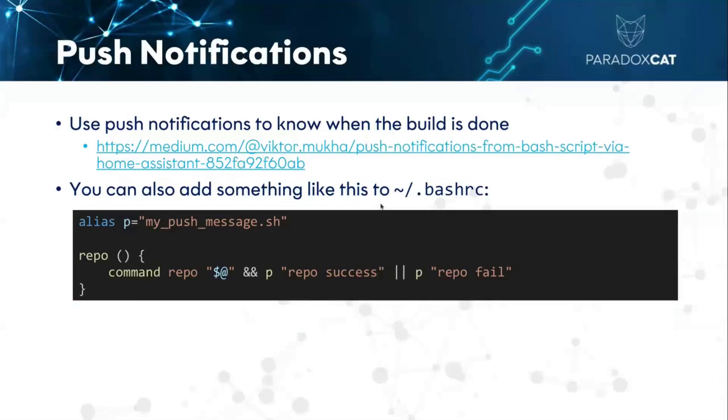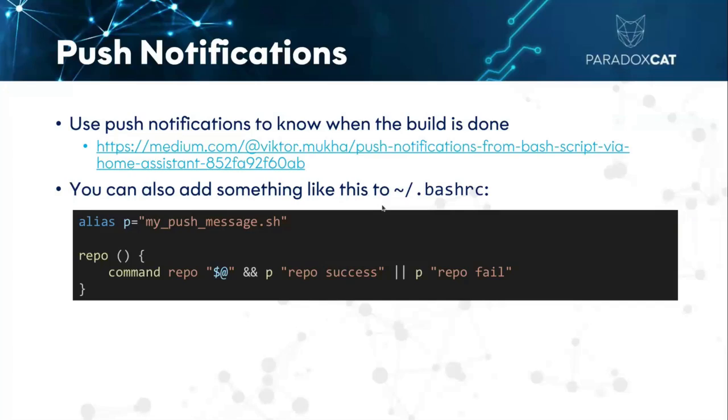This is for push notifications. At some point I discovered, well, sometimes you would start the build and wait. You would think, okay, this should take roughly 2 hours, maybe 4 hours. And you go somewhere else, do other things, and you come back after 4 hours just to realize you forgot a comma and it actually failed after 20 seconds.